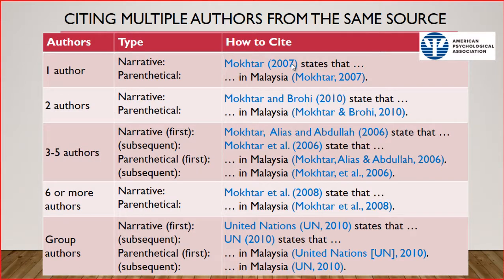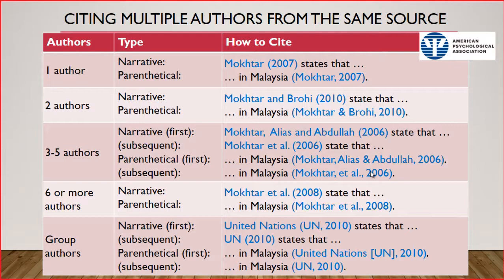But in the case, for example here, parenthetical, 3 to 5 authors. You see, 3 authors. If you use the citation tool, it will automatically give Mohtar et al., which is incorrect. So you need to look out for this with any tool.